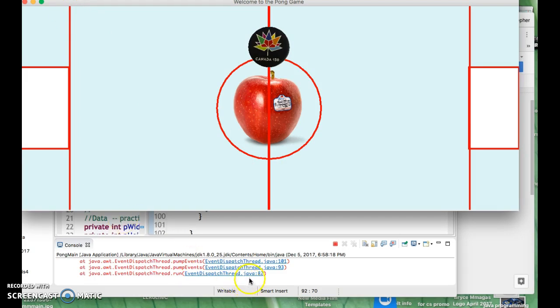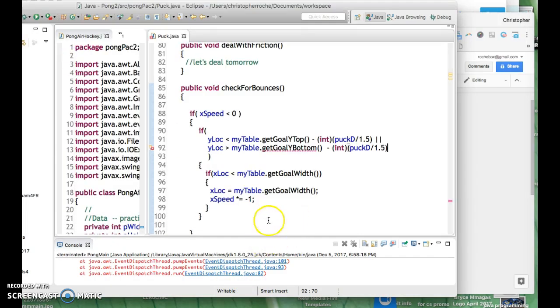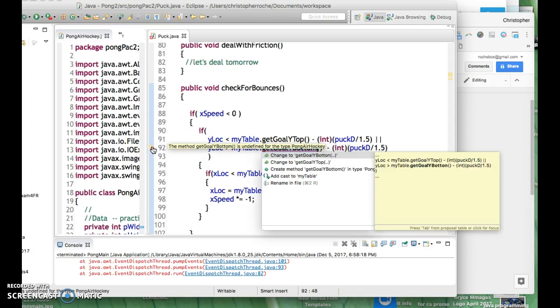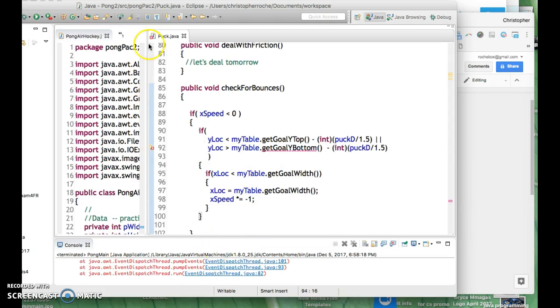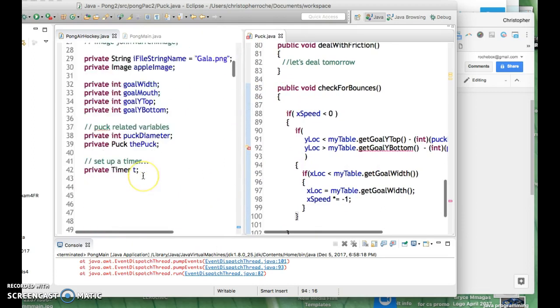Okay, something happened. Oh, I got it bad. I might have misspelled something in the other class, so I'm gonna go over to Pong AirHockey real quick.